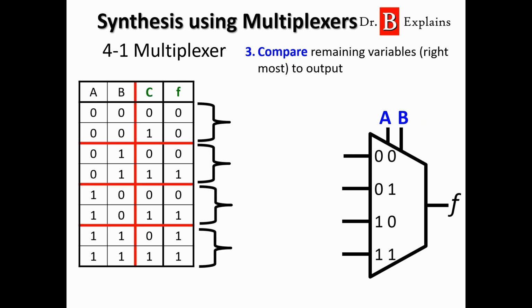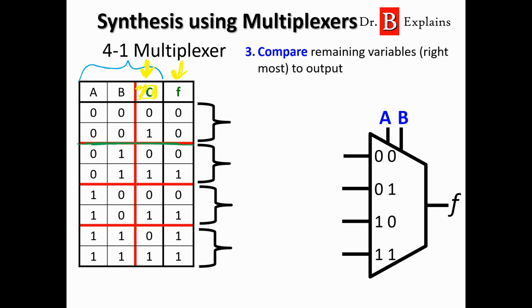The next step is to compare. So what are we going to compare? We're going to compare the remaining variables. Which is the remaining variable from these 3? A and B I use for select. The remaining one is this C. So this C is my remaining one. And so I'm going to compare this column with the column F. I'm also going to be comparing by each of the blocks.